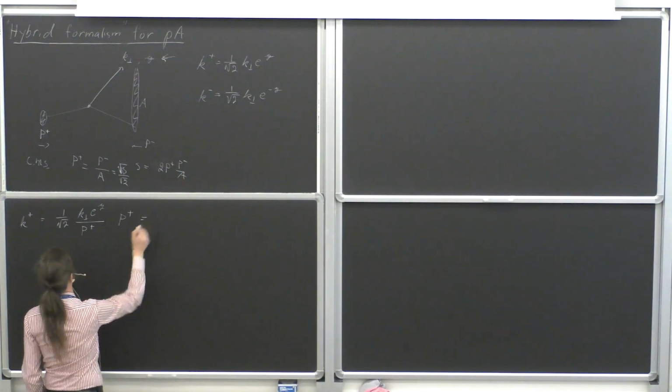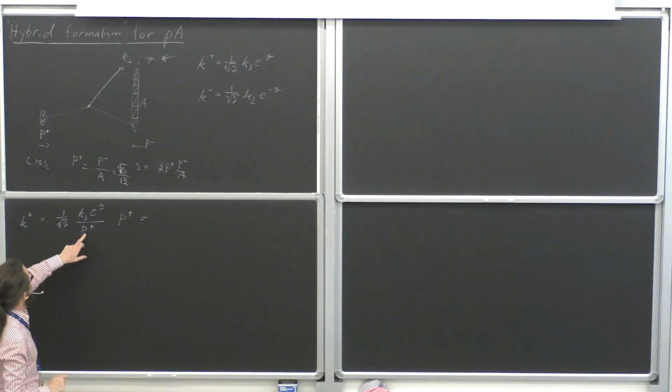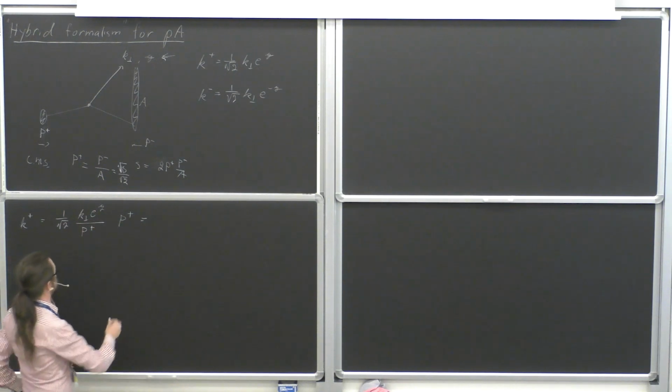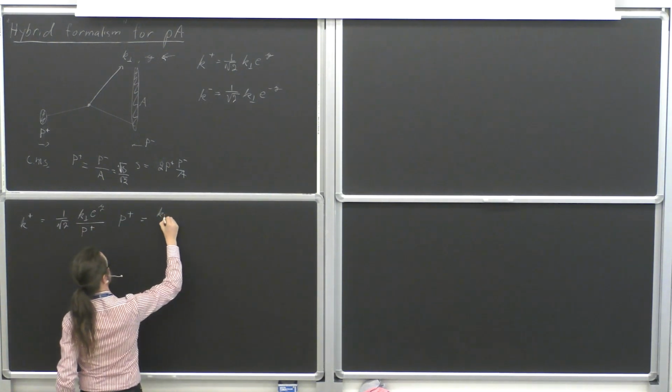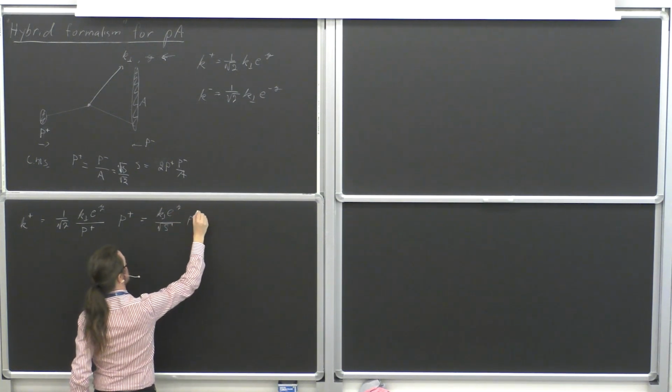So we just put that in here. P plus is square root S over square root 2, and we see that this is k perp exponential of y divided by square root S times P plus.